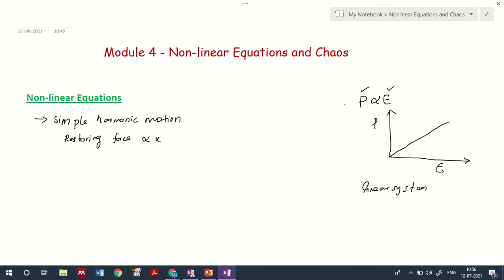When you consider the entire set of particles, we cannot define that it is directly proportional to something, that is, linearly dependent on another. So there are two types of system we can address: a linear system and a non-linear system.